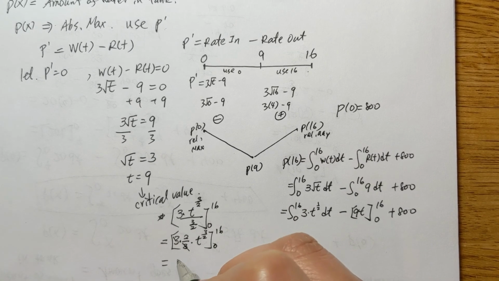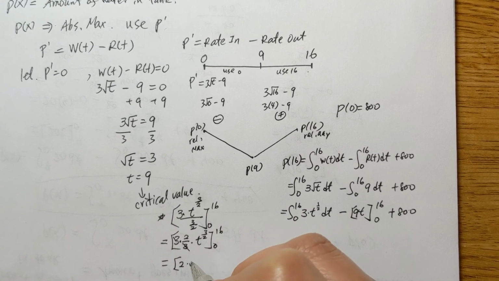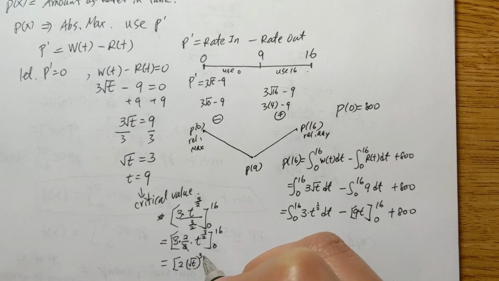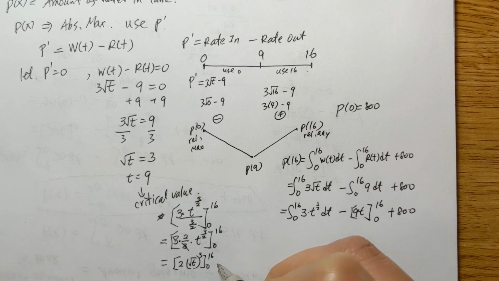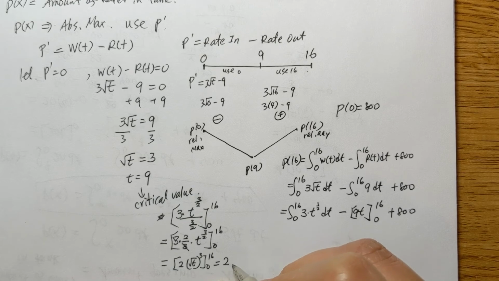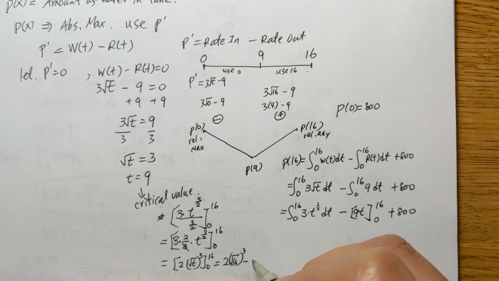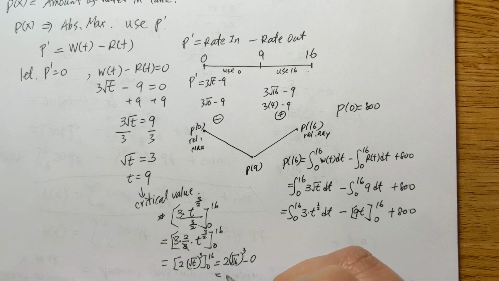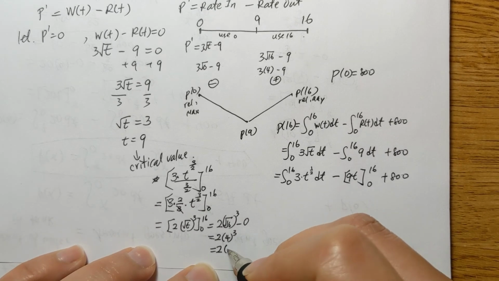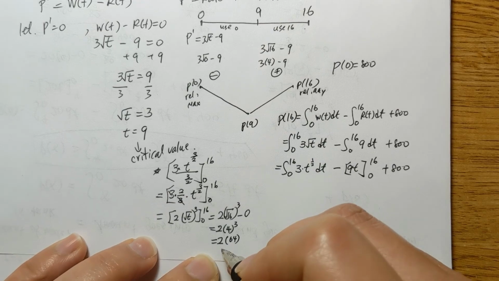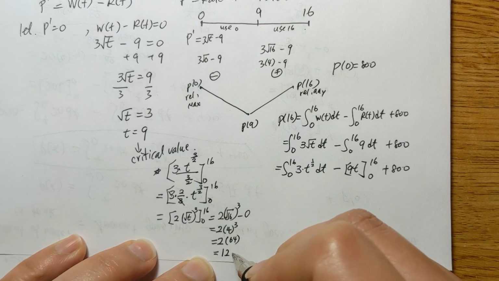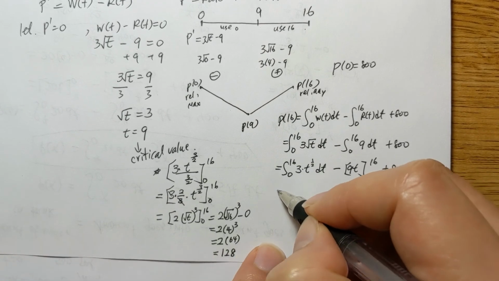They simplify, so we get 2 times square root T to the third power, from 0 to 16. So we got 2 square root 16 to the third power minus 2 times 0, which is 0. So 2 times 4 to the third power. 4 to the third power is 64, so we got 128.